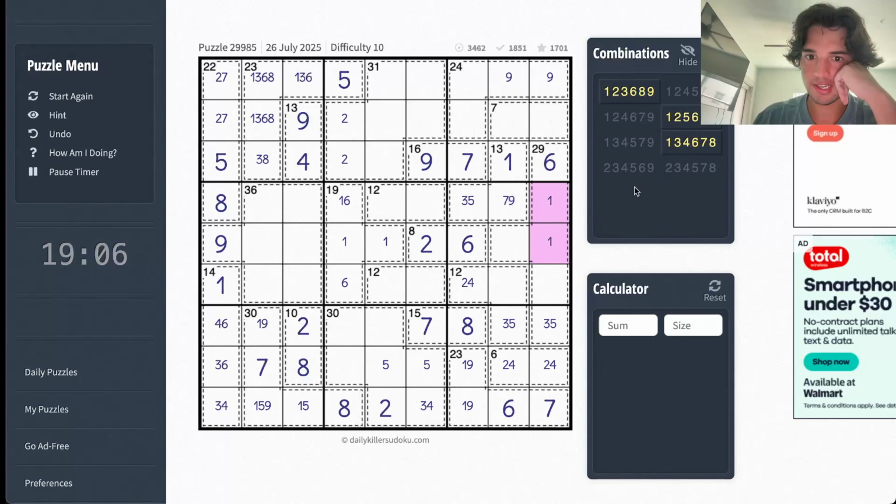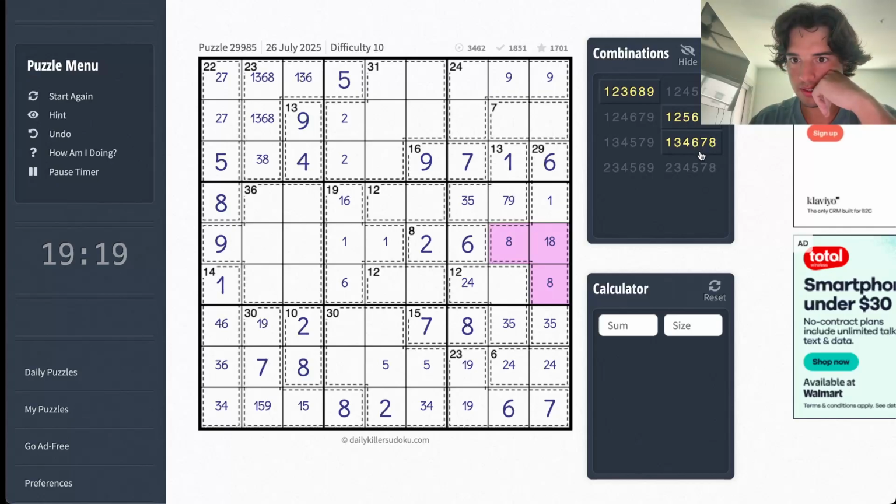It does need an 8 here, which must go here somewhere. So we have our 1, 6, 8, our 3 or our 5, and then we need a 3 or 5, 1, 6, 2, 9. We need a 2, 9, 2, 7, or 3, 7.